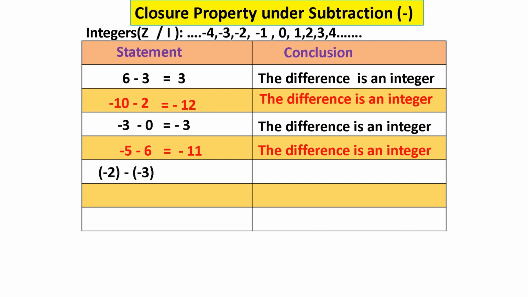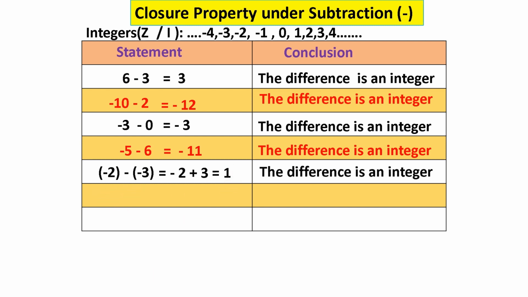Now -2 minus (-3), what do we get here? Now observe. -2 minus of -3 becomes plus. That's why -2 plus 3, we will get +1. So here the difference of -2 and -3 is +1.